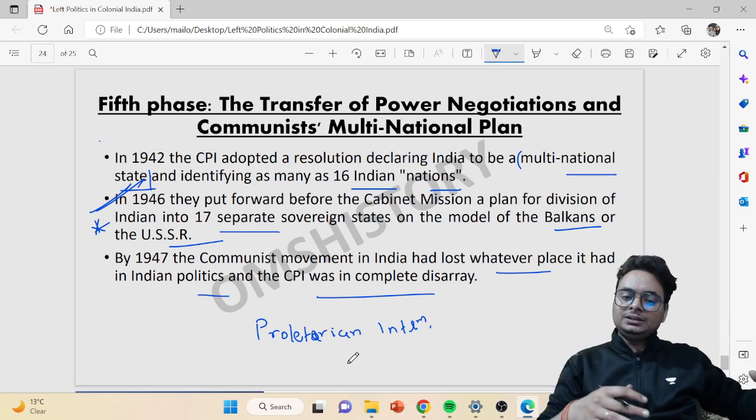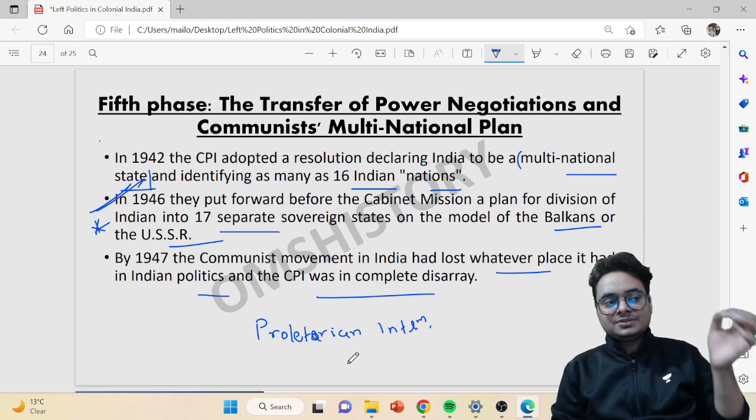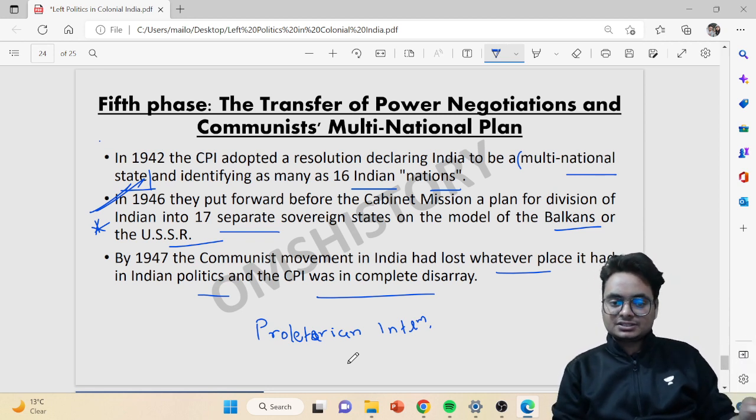All the Muslims of the world had some similar kind of aspiration or interest, that pan-Islamism. So proletarian internationalism is a similar concept, which is talking about the proletariat class, the worker class, all over the world, having similar interests.